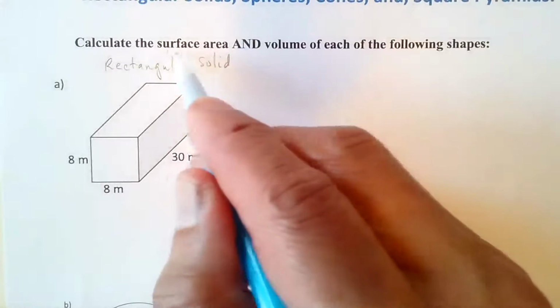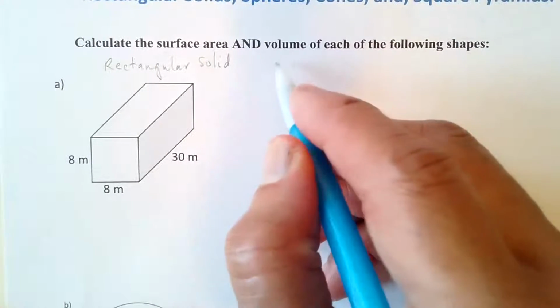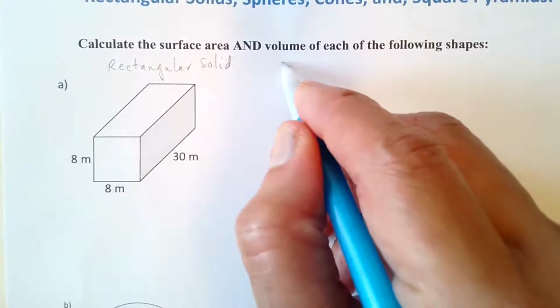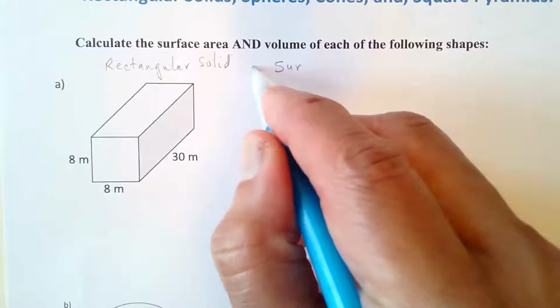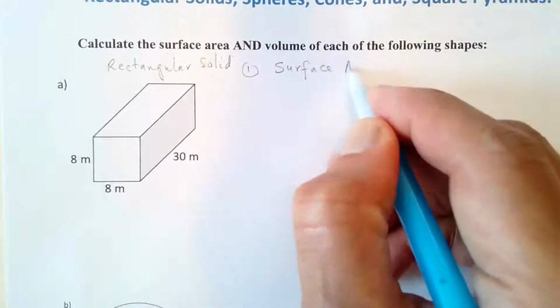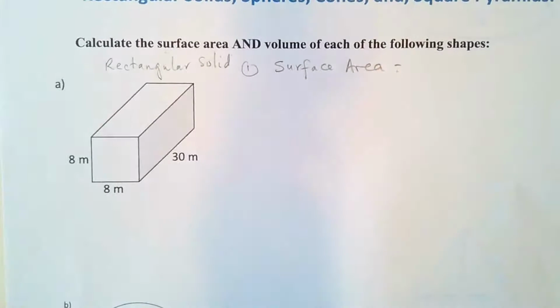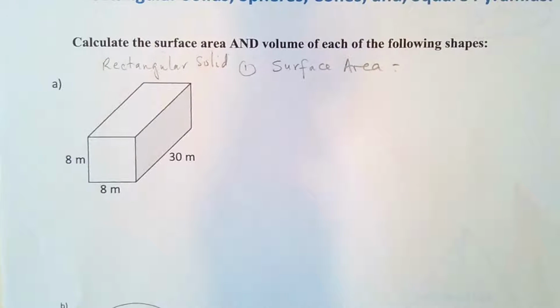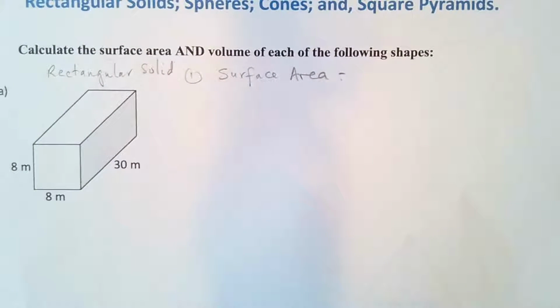So it asks us to find the surface area. The first thing we want to do is write down our formula, and we will go to our formula sheet.